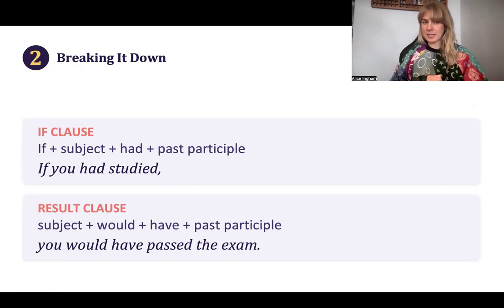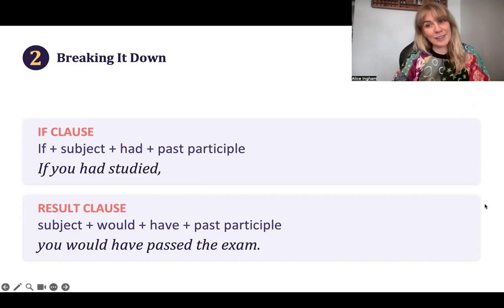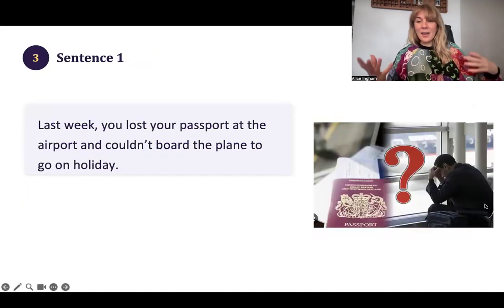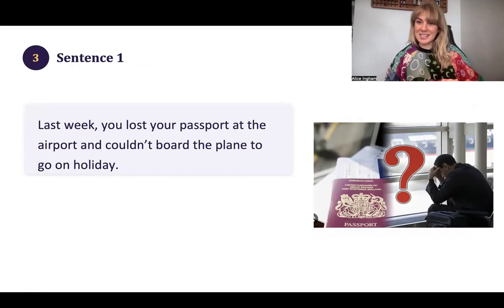The only difference is if you start with the if clause, you need a comma. But if you start with the result clause, no comma necessary. Okay, so the only way to really learn this is to practice. So now together we are going to write some examples.